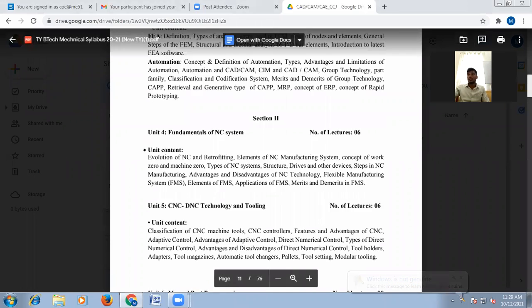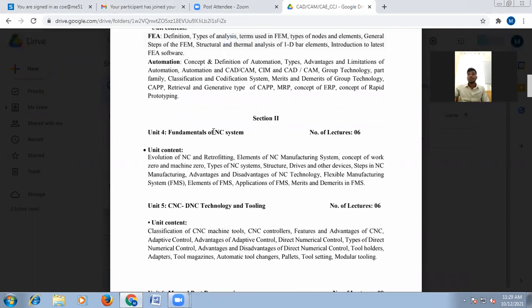So we will see the second section, fourth chapter, that is the fundamentals of the NC system. NC is nothing but numerical control system. So you will see from our previous era what was the evolution of the first arithmetic system, that is the NC machine, how that machine is established, what is the design of that machine, what is the size of that machine, and what is the output of that machine.